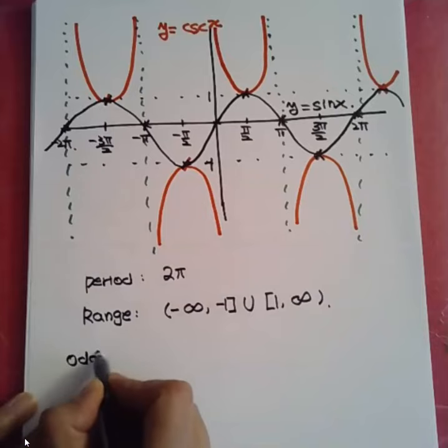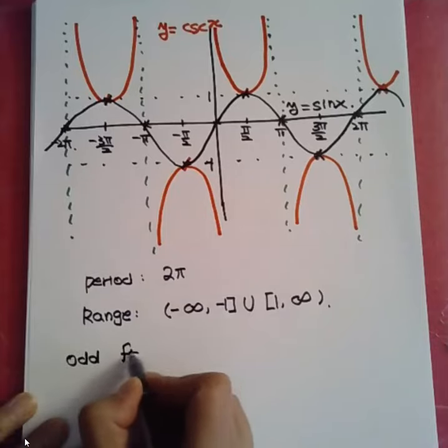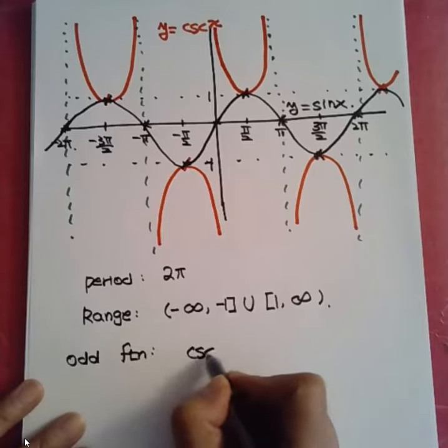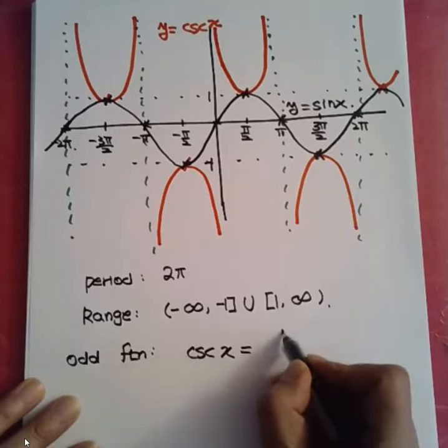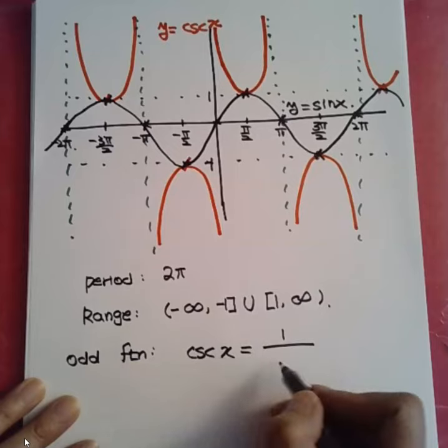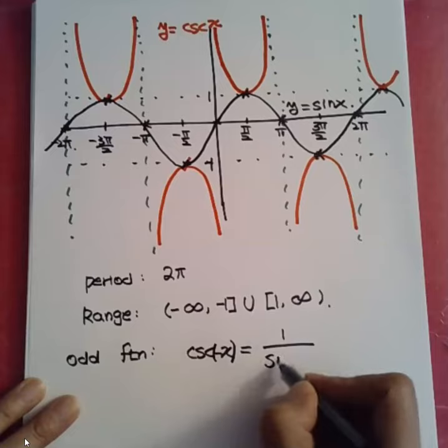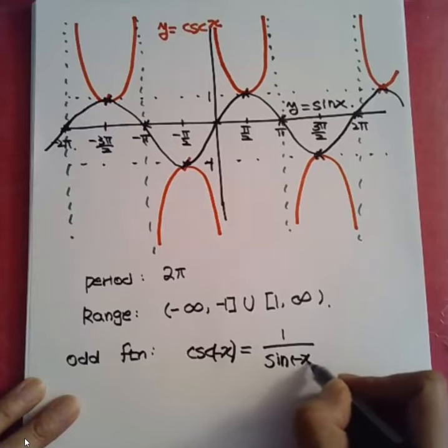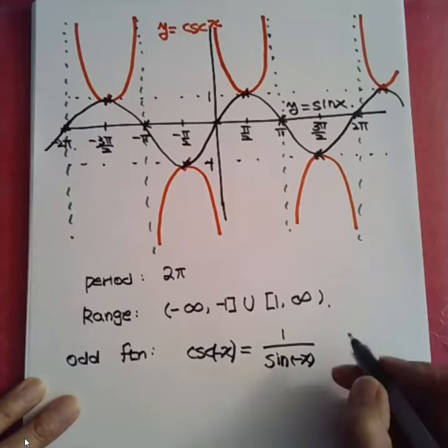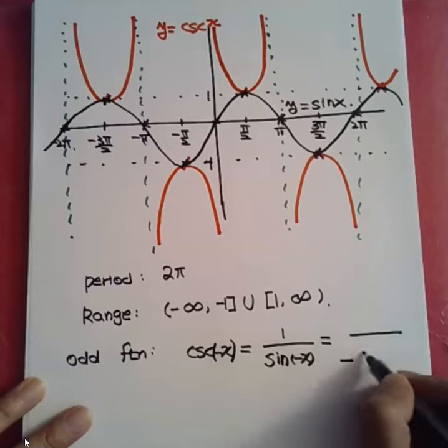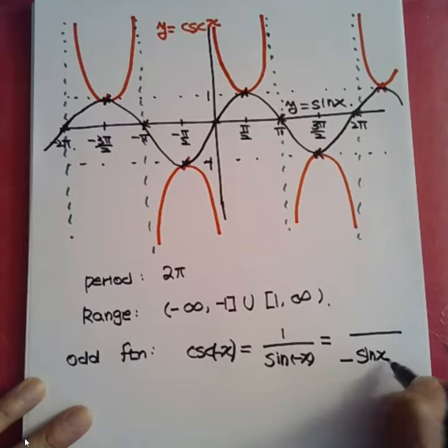This time, cosecant function is an odd function because cosecant function is defined as 1 over sine of x. Let's put minus x, then that is sine of minus x. Since sine is an odd function, we can put minus in front of sine of x.